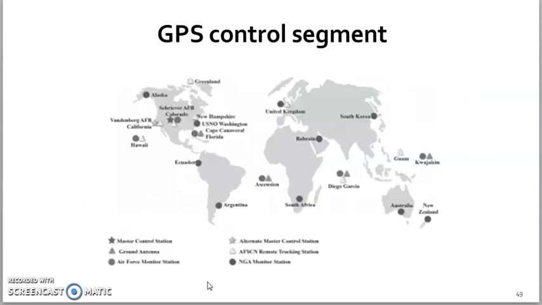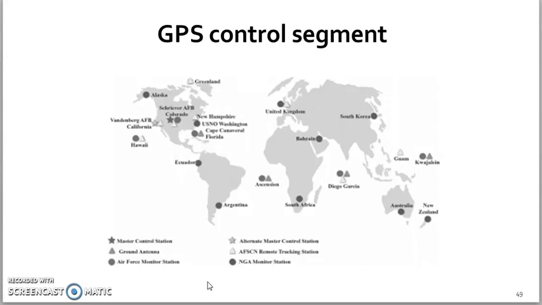Now we go ahead with the GPS control segment, and how we can receive the signal from the control segment. This diagram indicates the control segment, that means the control stations on the earth that receive the signal from the satellites.